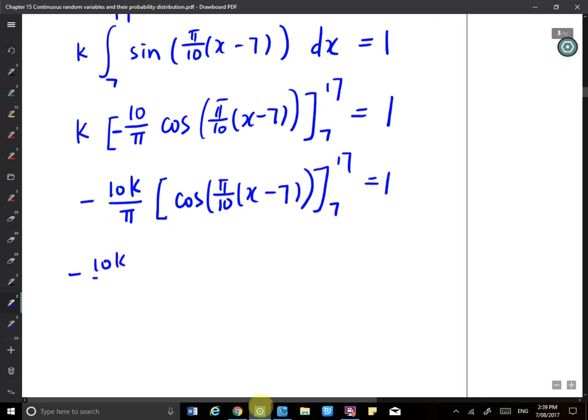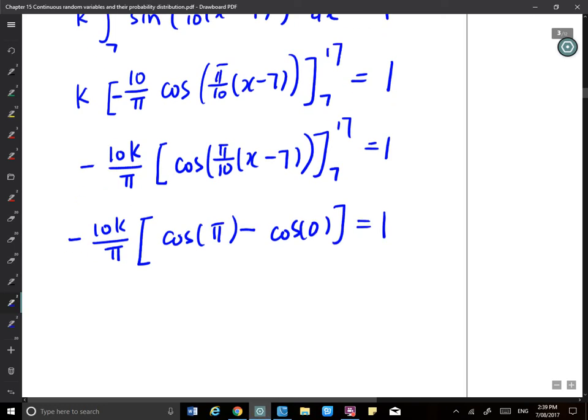And now I can evaluate that. If I put a 17 in, that's a cosine pi. Minus, I put a 7 in, that's a cosine 0. Cosine pi is negative 1, cosine 0 is a 1.